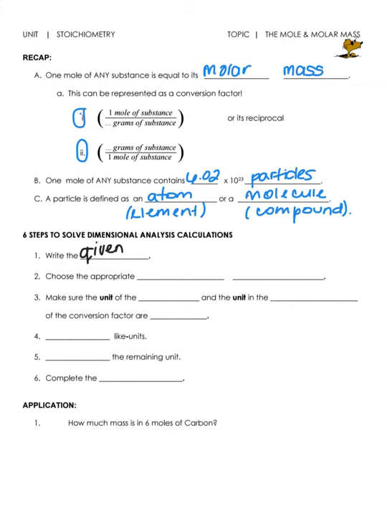Your second step is going to be to choose the appropriate conversion factor. The third step is to make sure the unit of the given and the unit in the denominator of the conversion factor are alike.